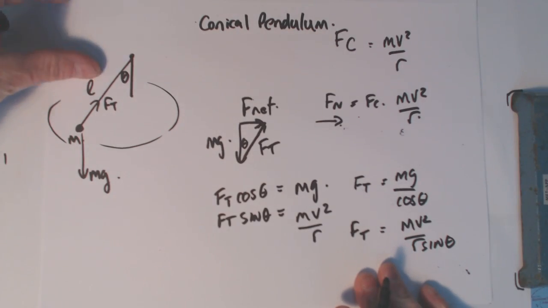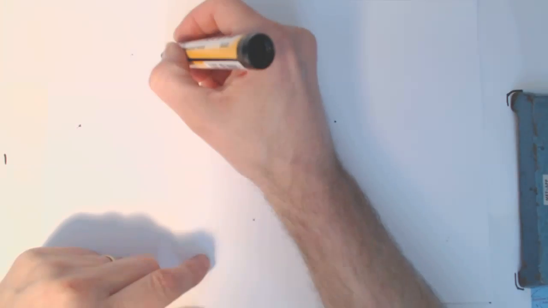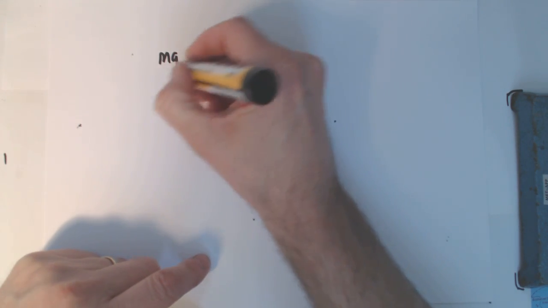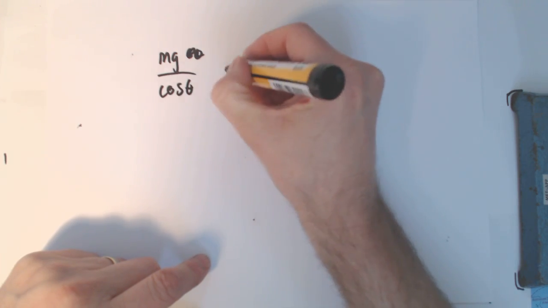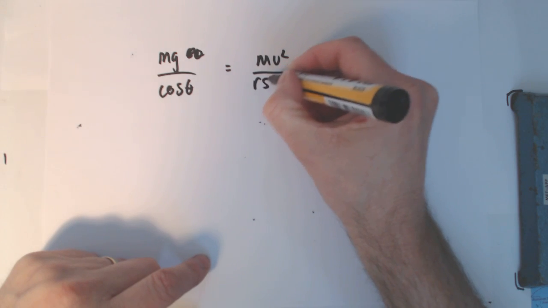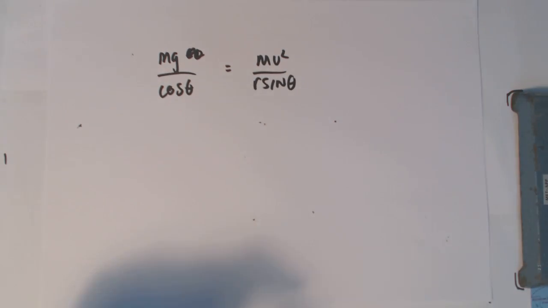Now we'll move to another little bit of paper here. So we can say that mg over cos theta is equal to mv squared over r sine theta, right? Looking nice. We just equated the two Ft's.